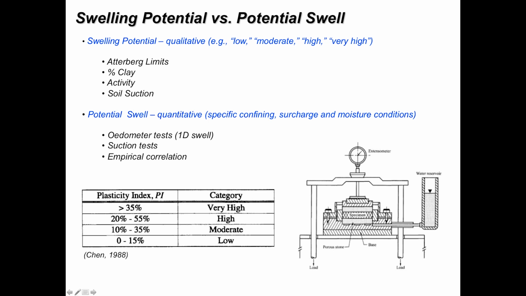So this we might call a potential swell quantification, whereas there's a very common approach right here, summarized in this table, to classify an expansive soil based on plasticity index. And so again, a qualitative descriptor ranging from something like low to very high.